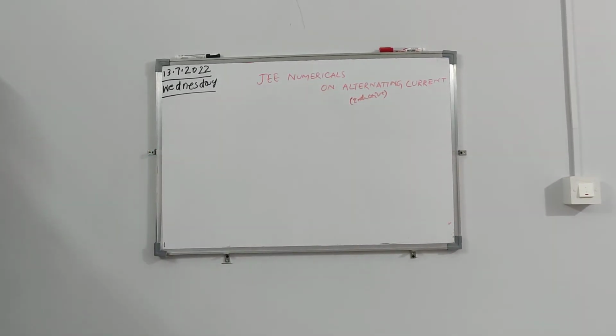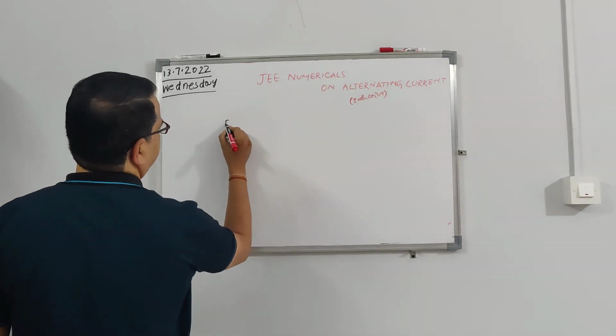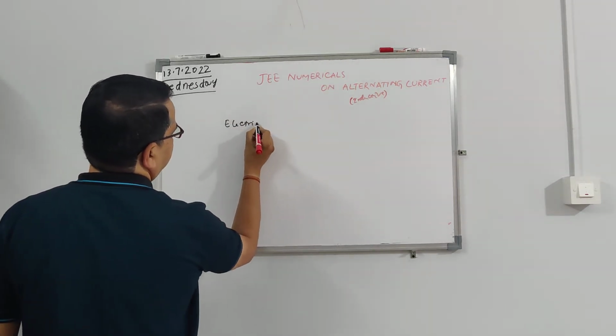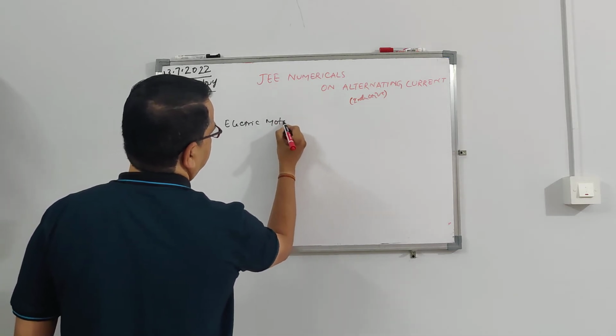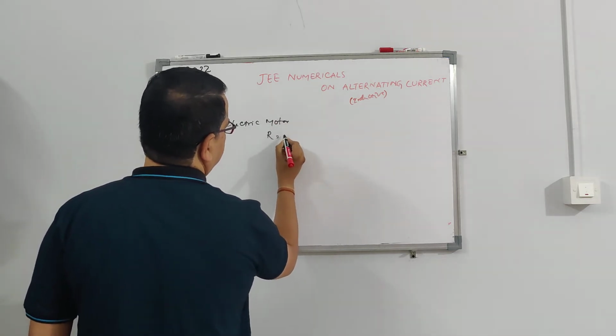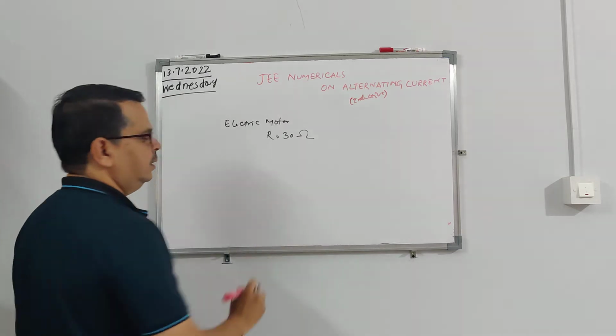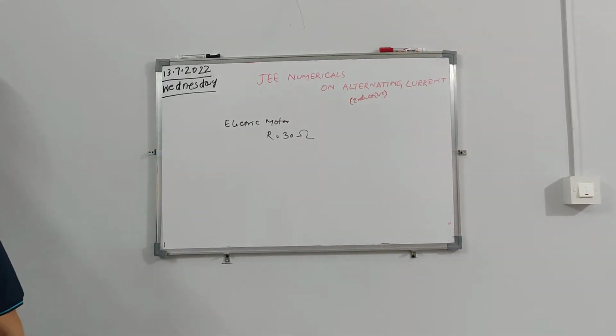The question is like this: an electric motor has an effective resistance of 30 ohm. So you have an electric motor whose resistance is 30 ohm, and the inductive reactance is 40 ohm.